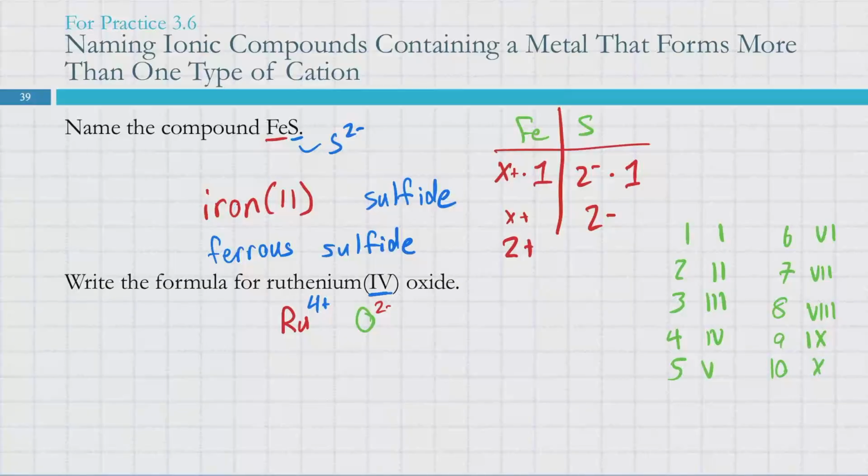Then we can crisscross. We'll get Ru2O4. Can we simplify? We can simplify, and so we need to simplify. So divide each of those by 2, and it turns into RuO2.